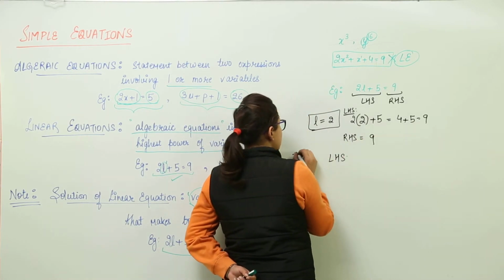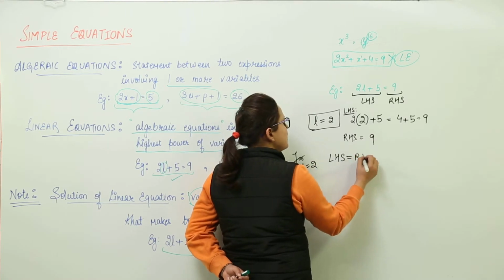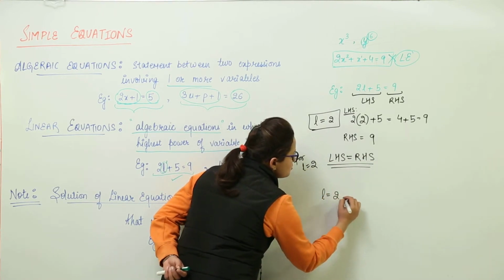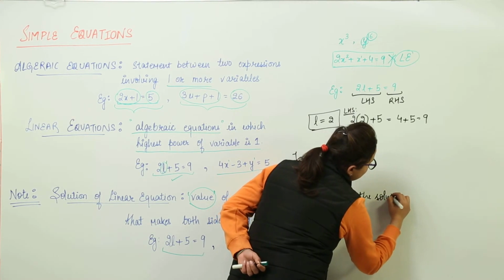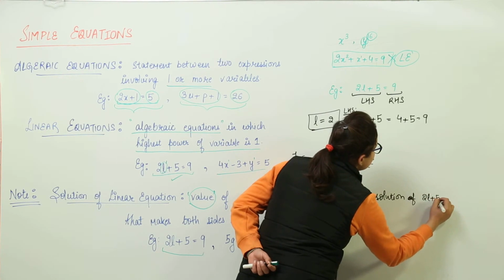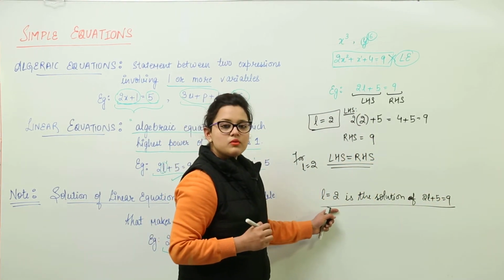So that means for L equal to 2, we have LHS equal to RHS, right? That means L is equal to 2 is the solution of the particular equation, which was 2L plus 5 equal to 9. This is how we find out the solution of the equation.